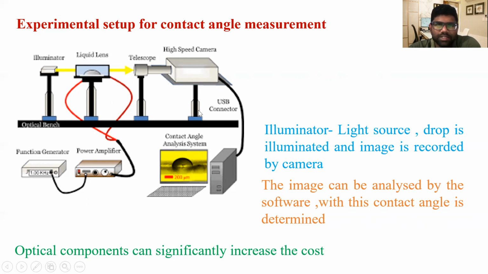The image is then analyzed using the software system, and then we determine the contact angle. This setup has optical components, so this might increase the cost, but overall the system is simple for studying the surface properties of the substrate.